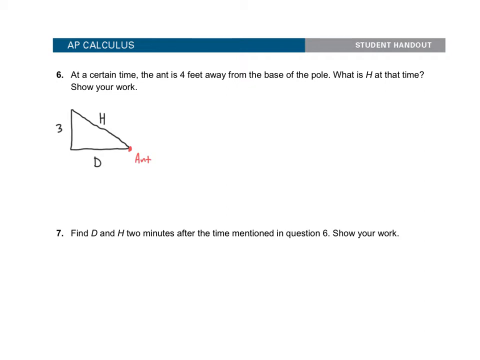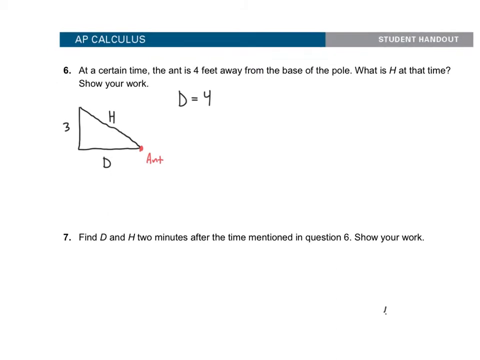The ant is 4 feet away, so instead of labeling that 4, just write at a certain moment d equals 4. What is h at that time? When d is 4, this will be a 3, 4, 5 triangle. You could do the Pythagorean theorem. H at that time is going to be 5.